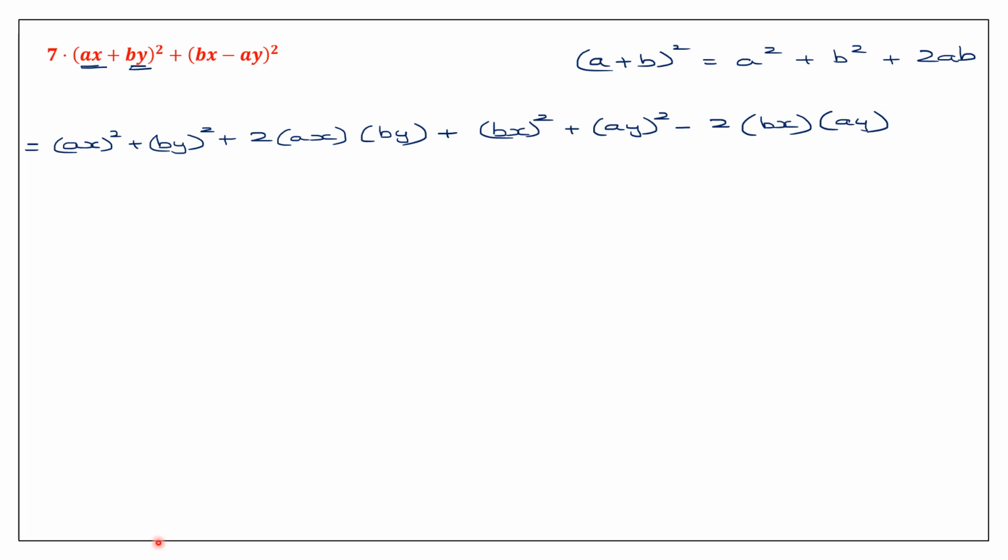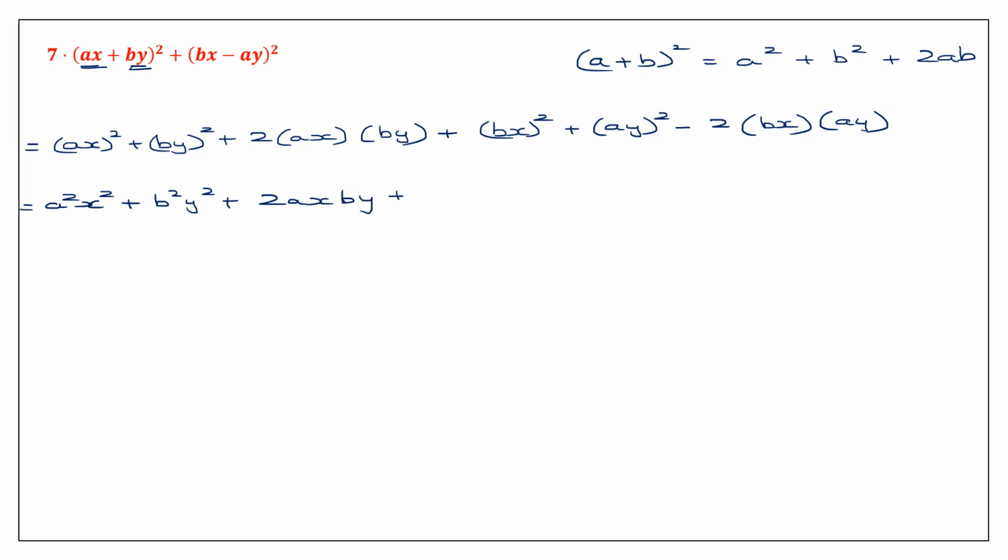In the next step, we are going to expand this further because we are trying to get something common. So we have to expand this further. So (ax) square means a square x square, isn't it? (by) square is b square y square. Now here 2 into ax into by will be 2axby, the whole thing, isn't it?